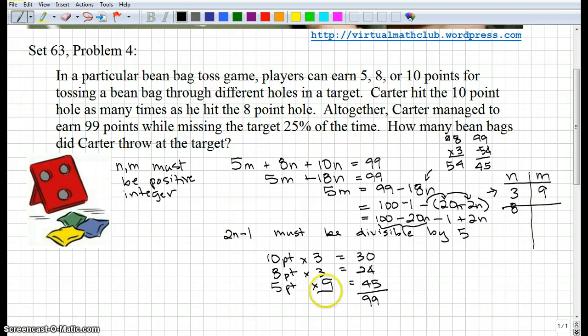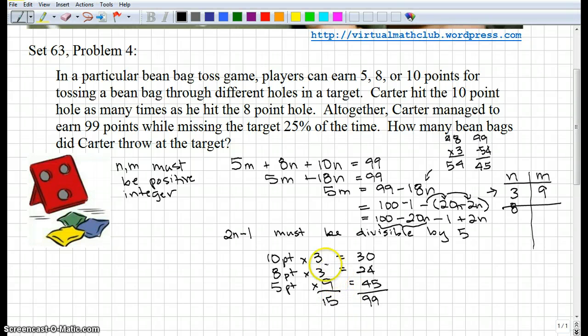And how many times did he hit the target and make points? Well, 3 plus 3 plus 9 gives us 15. All right. So 15 of his beanbags hit the target and earn some points. Okay, but we're not done yet, right?